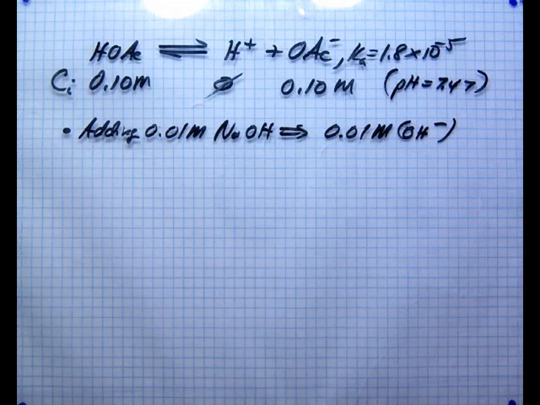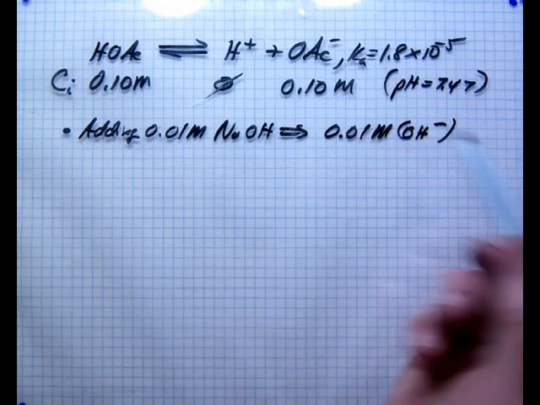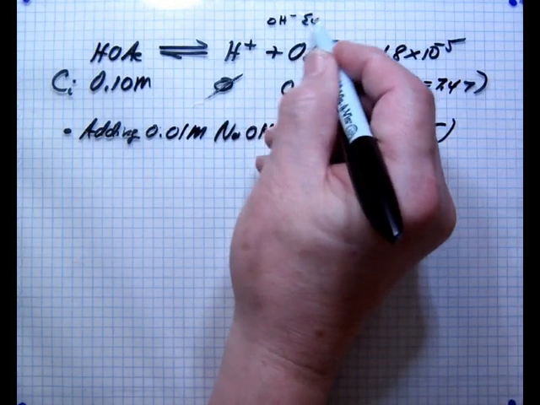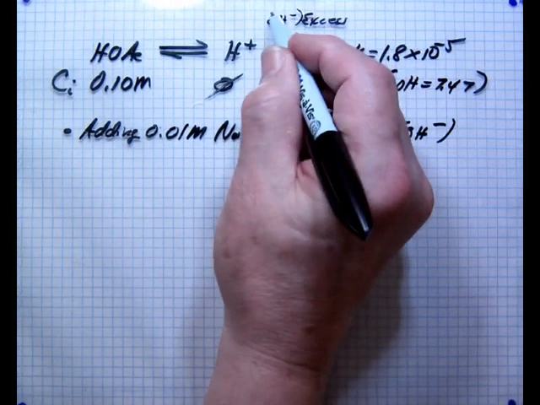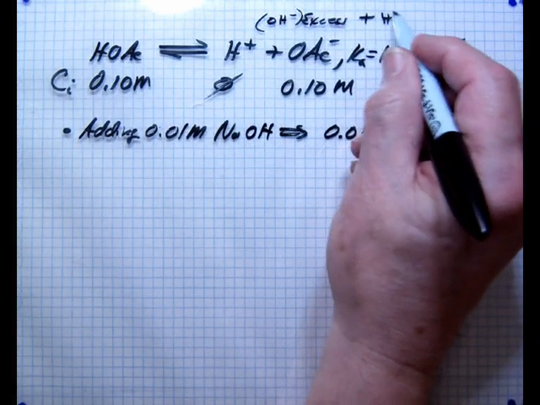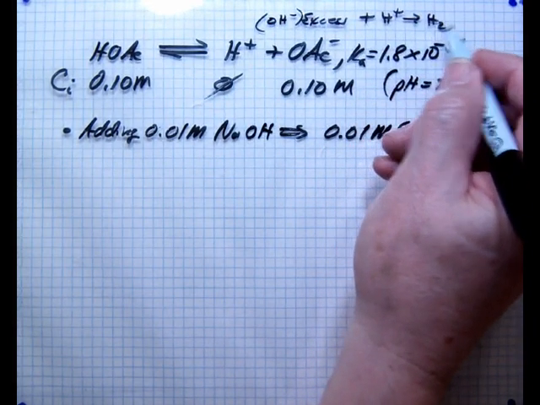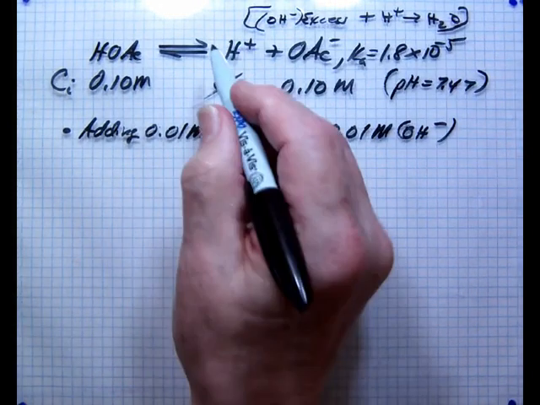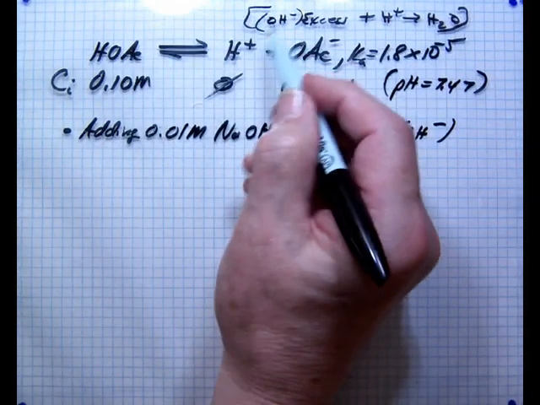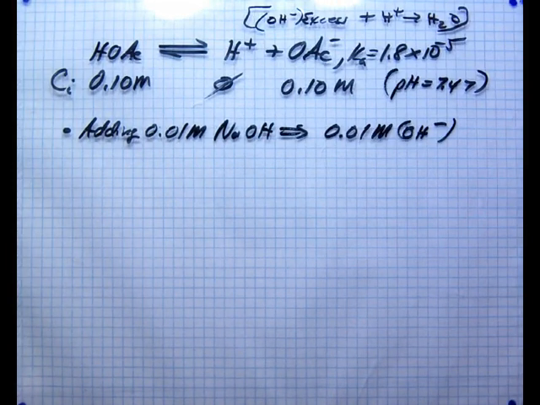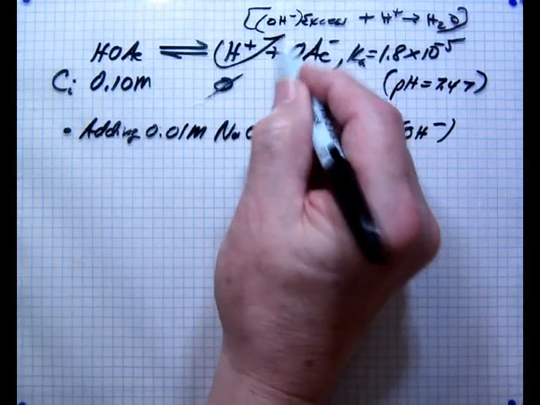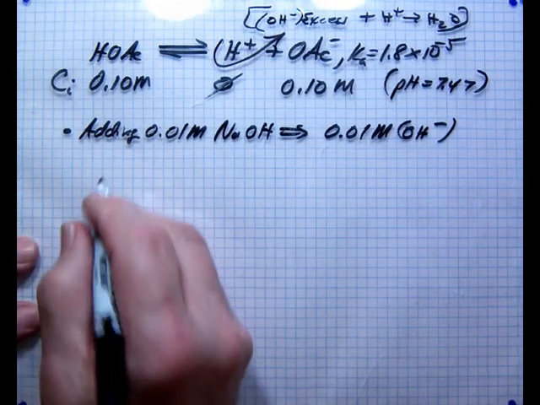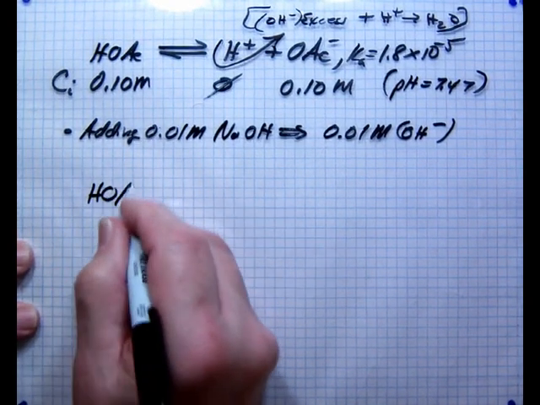base hydroxide. The way it does that is that the excess OH reacts with the hydronium ion to produce water. So if you have the excess hydroxide in here, it's going to start taking out the hydrogen, and you can find it acting like this.